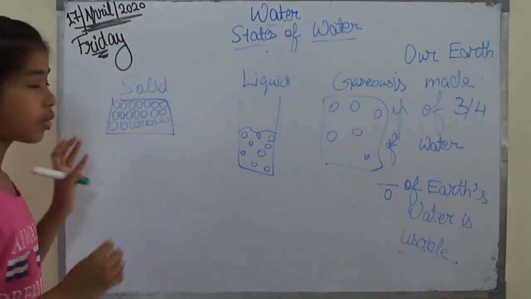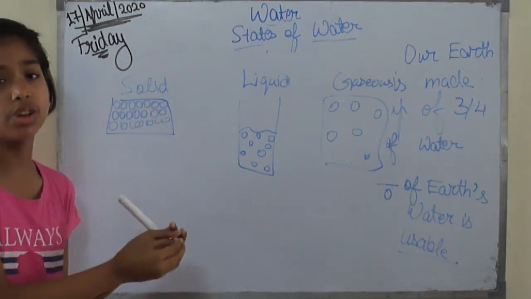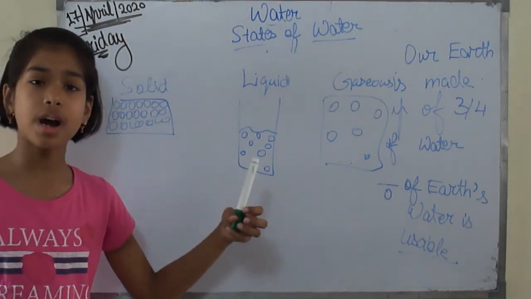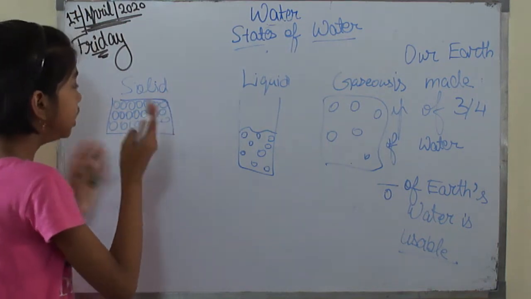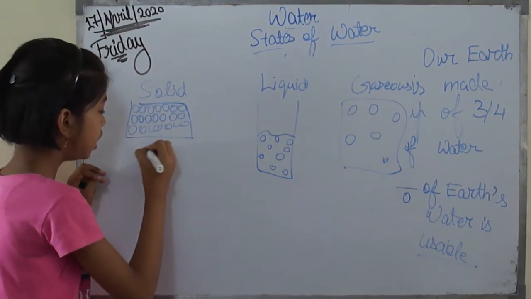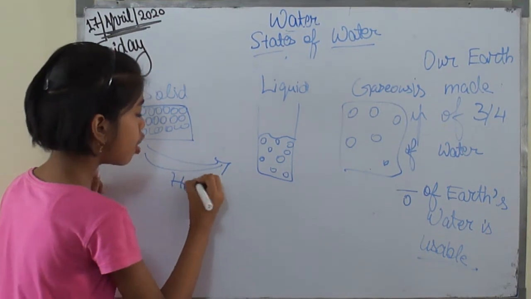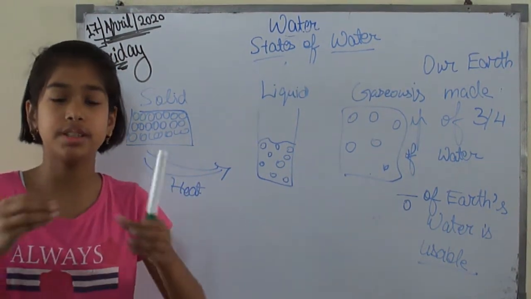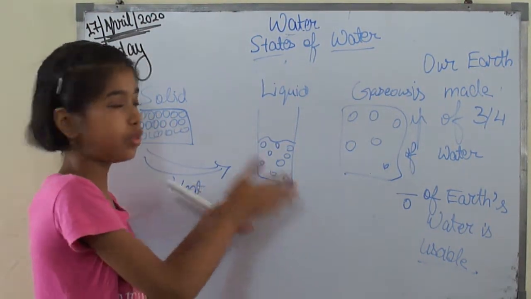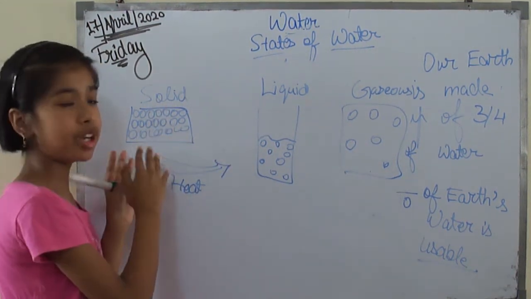Now, if I heat any of the molecules, they start getting far from each other. If I add heat to the solid, where they are so tightly packed, the molecules start getting far from each other, and therefore it converts into liquid, because the molecules of liquid are farther apart compared to the solid.